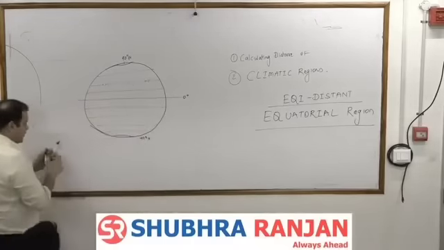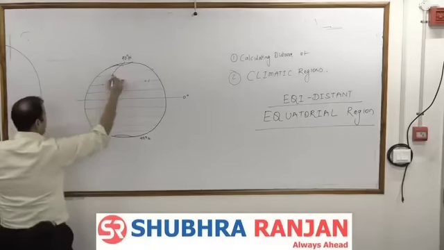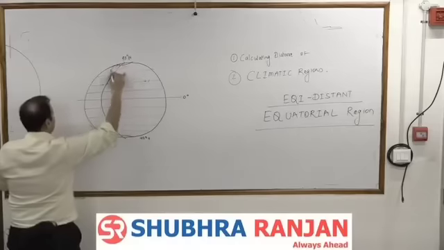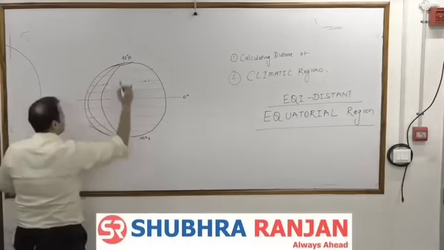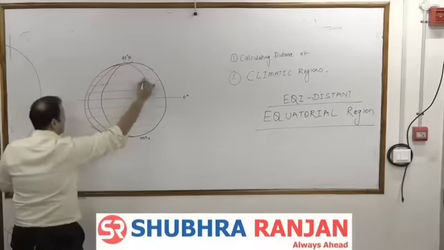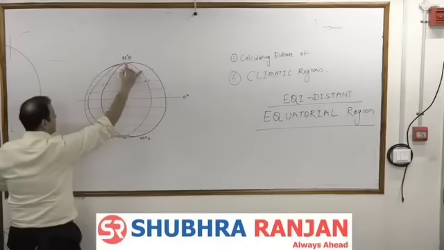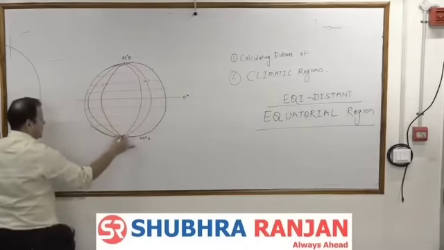So what are longitudes? Longitudes are imaginary lines which run from one pole to the other pole. Now can you see something in the longitudes?